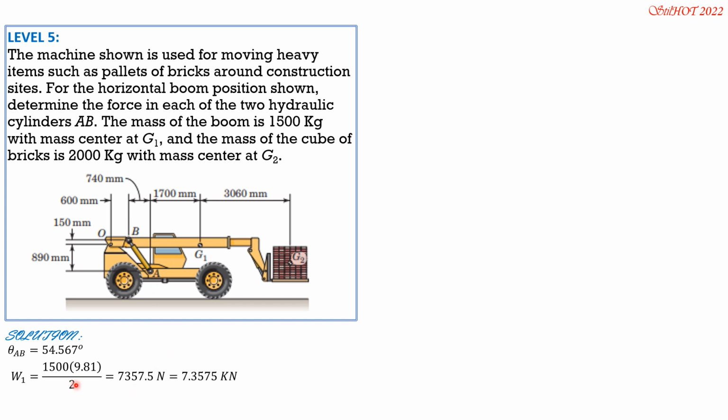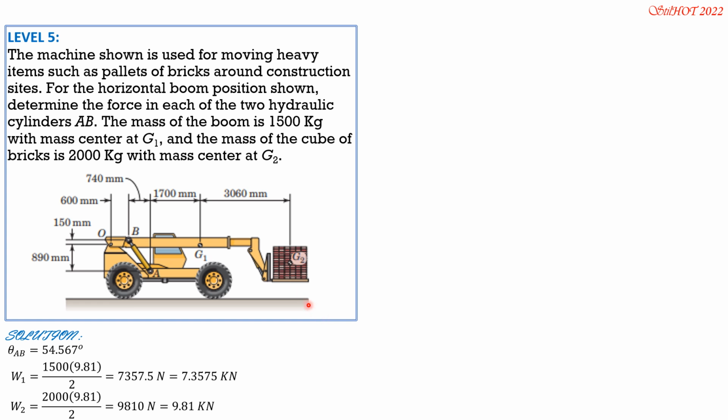So that's why we divide by 2 the masses. So the weight is 7357.5 newtons or 7.3575 kilonewtons. Weight 2 on the other hand at G2 is 2000 times 9.81 over 2. So that's 9,810 newtons or 9.81 kilonewtons.